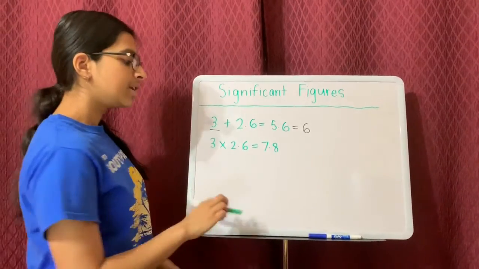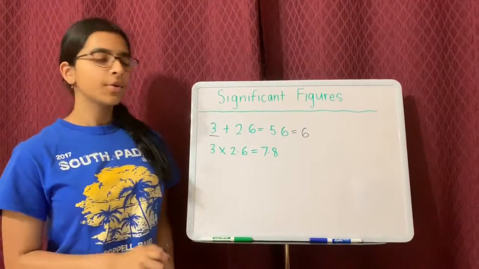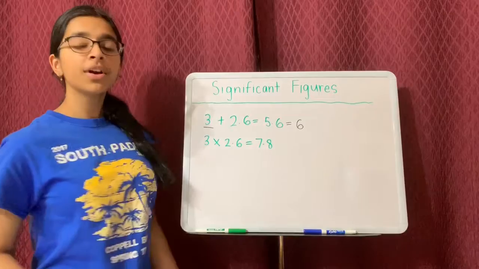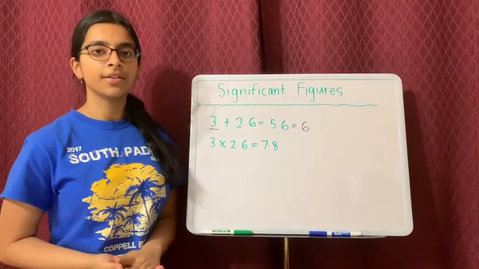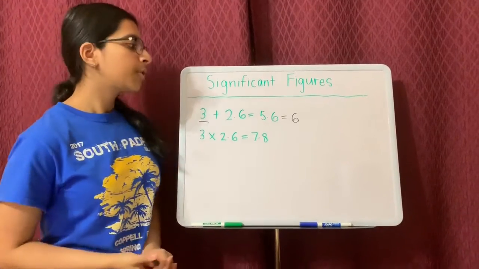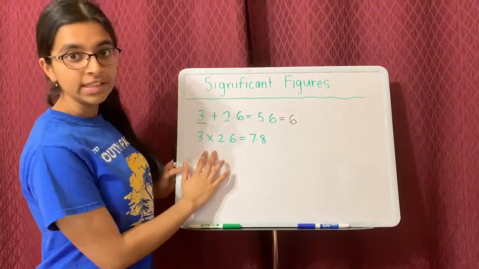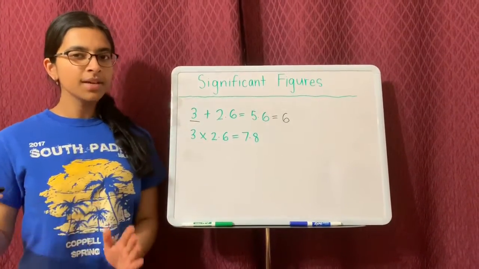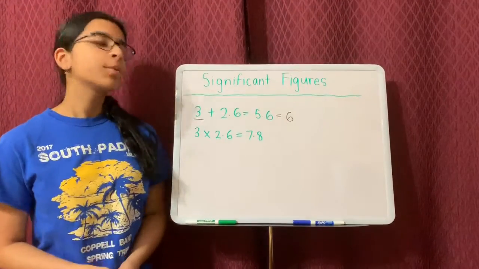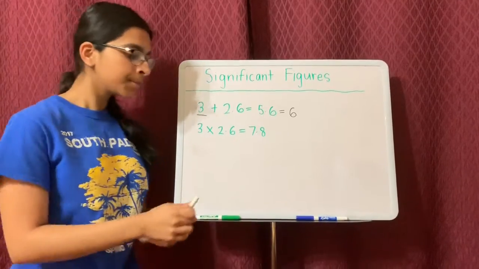For multiplication and division, the rule is that we're going to have in the answer the same number of sig figs as the number with the least number of sig figs. So for multiplication and division, you're looking at sig figs. For addition and subtraction, you're looking at decimal places. Sometimes those are the same thing, but sometimes they're not. So remember those two rules, they are different from each other.